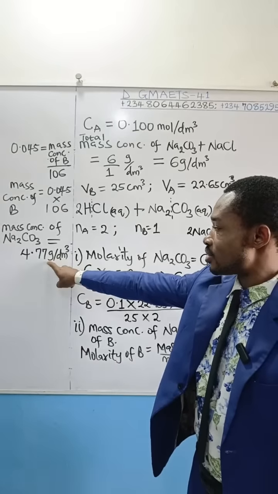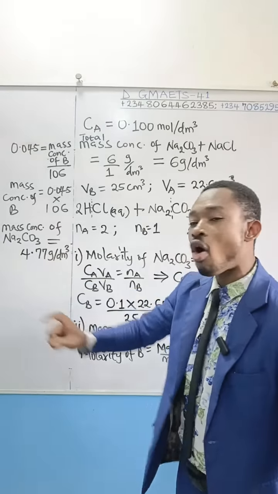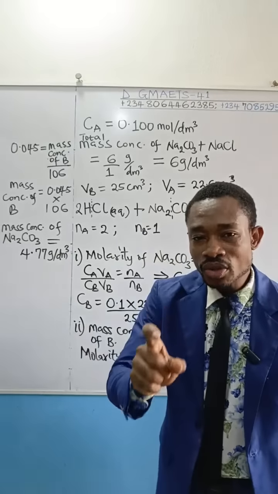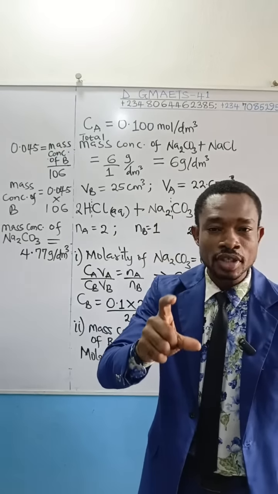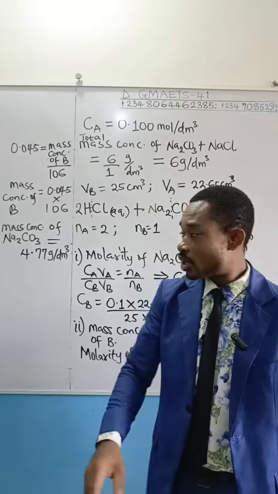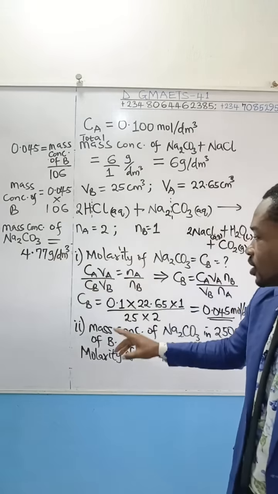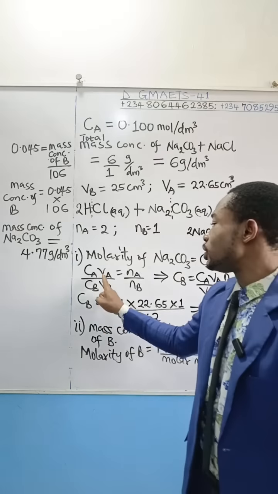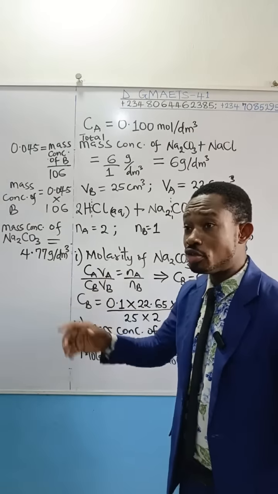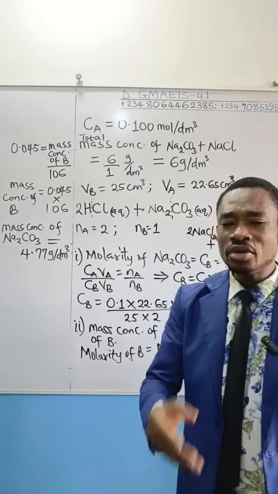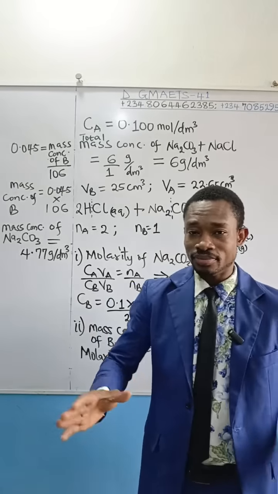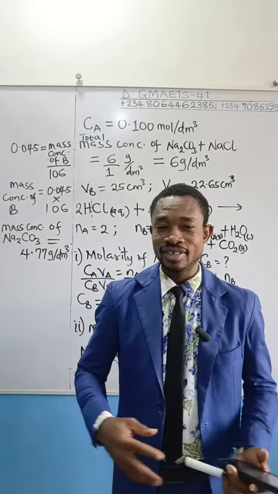This mass you are seeing here is the mass of pure sodium carbonate, because if you look at the way we obtained it, it came from a process which made use of the volume of acid used during the titration. And let me tell you this very important thing.